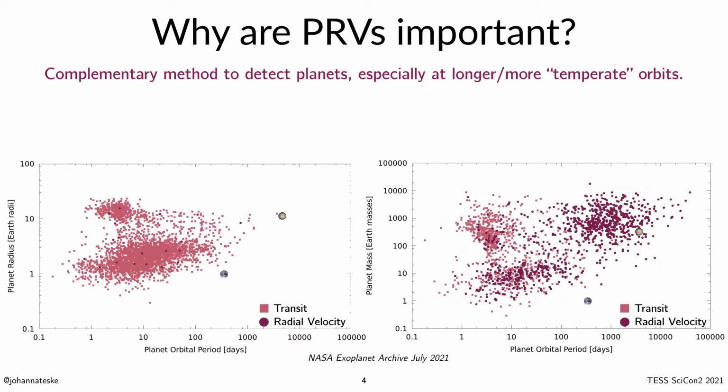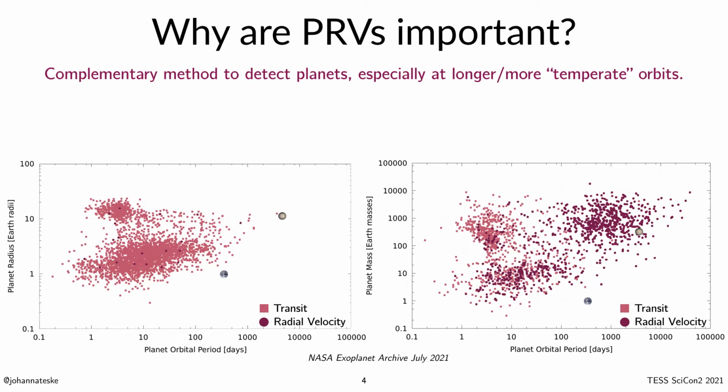So you can see immediately in the right plot that the RV method has enabled the detection of planets at much longer periods, due to the transit probability of a planet going as the radius of the star over the orbital distance between the star and the planet.